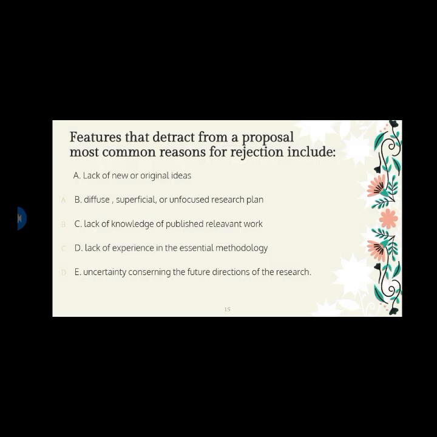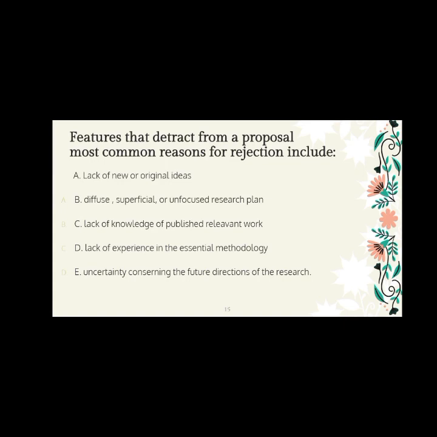Unfortunately, numerous features of a proposal may diminish its effectiveness. Such weaknesses are always to be avoided, but they are particularly crucial when applying for funding. Some of these deficiencies are obvious, though still surprisingly common. In 2002, the National Institute of Child Health and Human Development, part of the National Institutes of Health or NIH, listed the most common reasons for the rejection of research proposals.